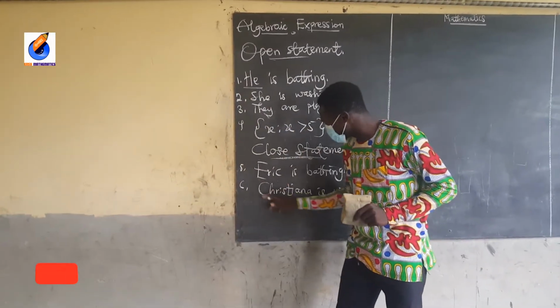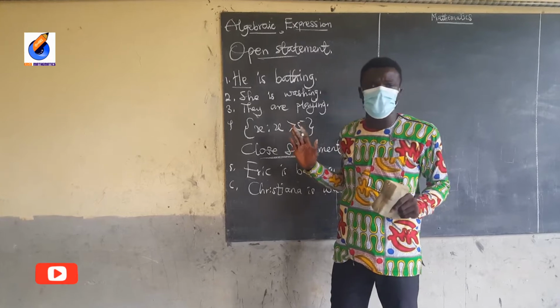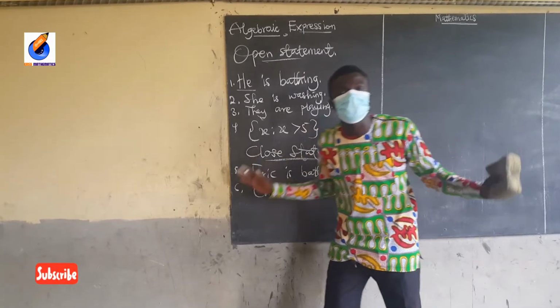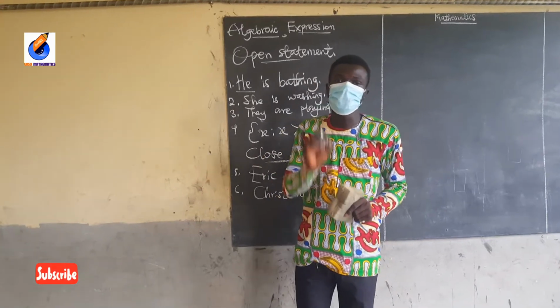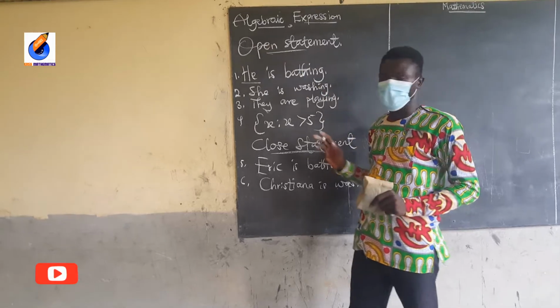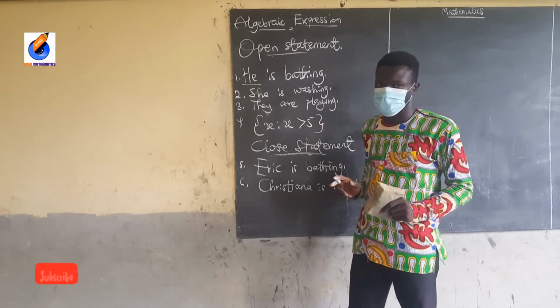Because we can't represent Christiana with any other person. Christiana is washing. Who is washing? Christiana. So we've been able to know the difference between a closed statement and an open statement.